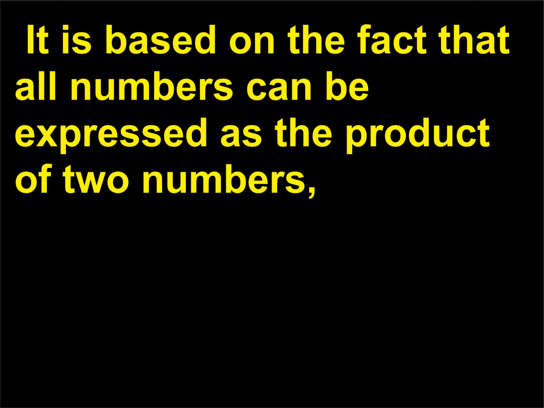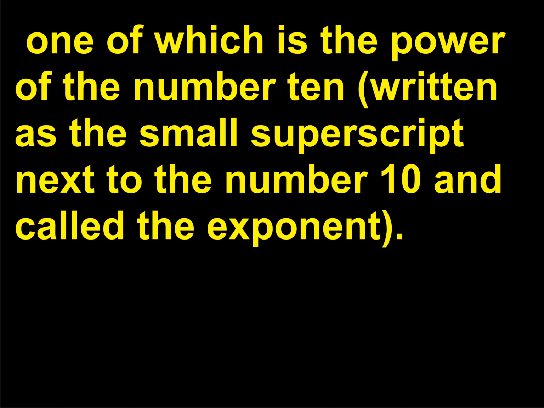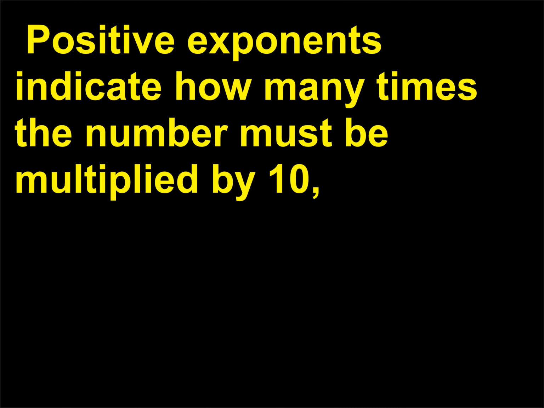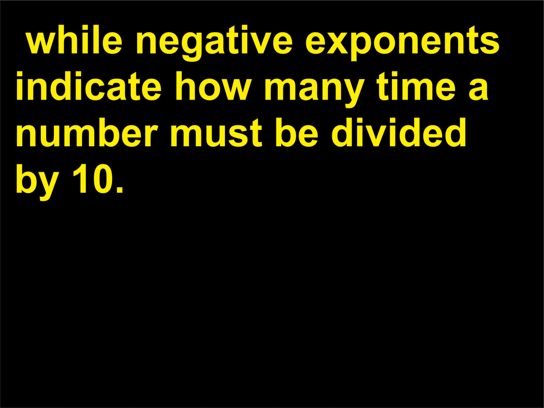It is based on the fact that all numbers can be expressed as the product of two numbers, one of which is the power of the number 10, written as the small superscript next to the number 10 and called the exponent. Positive exponents indicate how many times the number must be multiplied by 10, while negative exponents indicate how many times a number must be divided by 10.